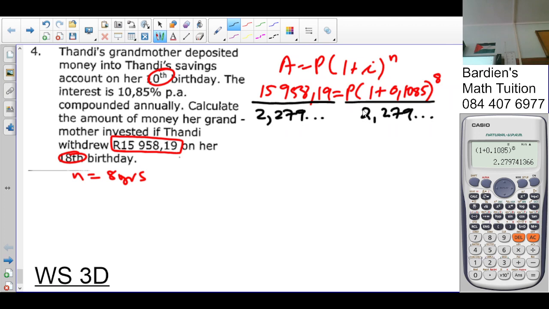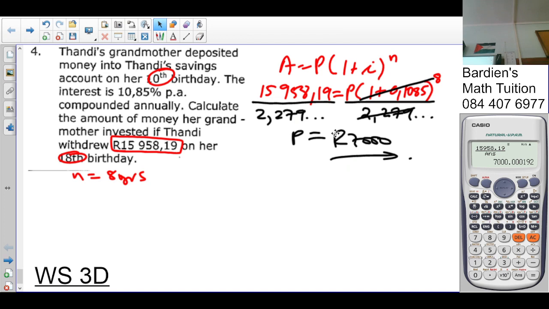So that would cancel that. So P works out to be 15,958.19 over answer, which gives you 7,000 rand. Okay. Any confusion here? No.